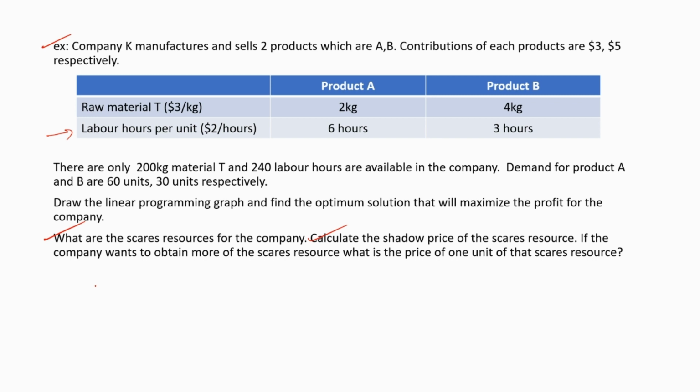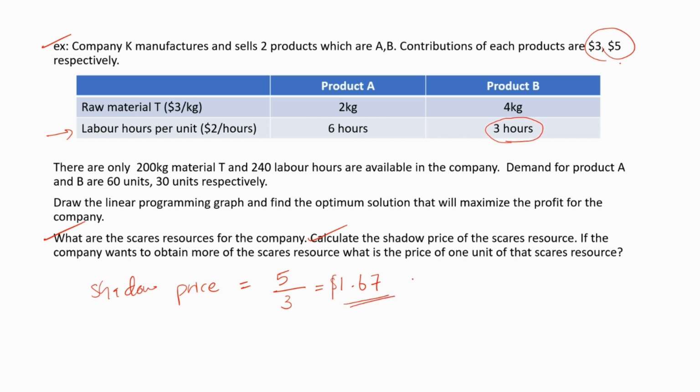So we can simply calculate the shadow price by dividing the maximum contribution, which is 5. Here the contribution values are 3 and 5. Take the maximum contribution value and divide it by the usage of the scarce resource. Product B has the $5 of contribution, so we use the 3 hours here. This is equal to $1.67.